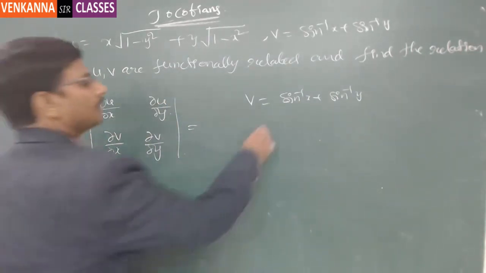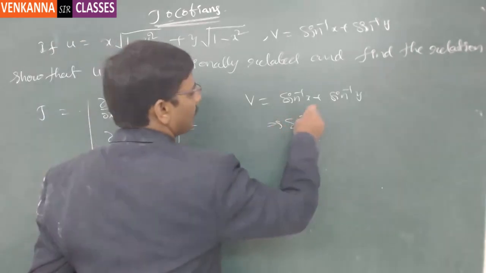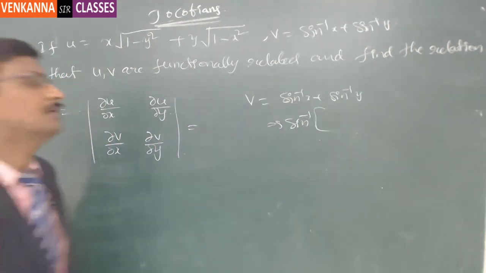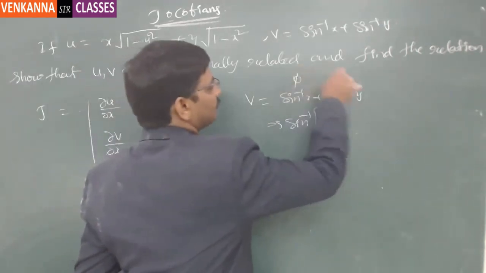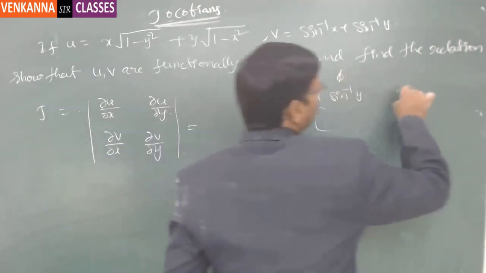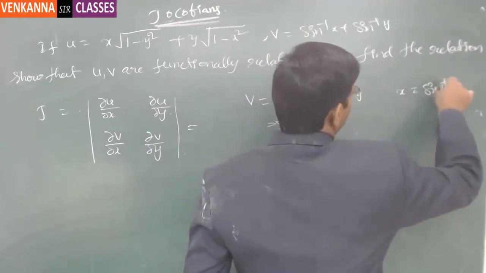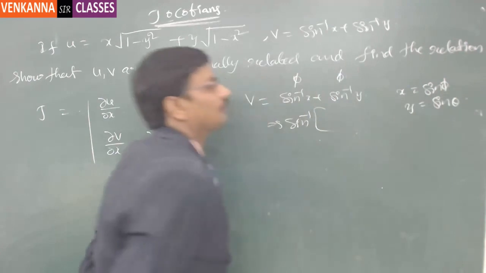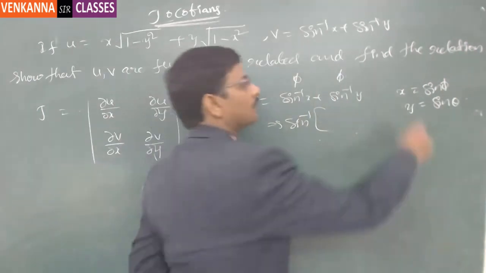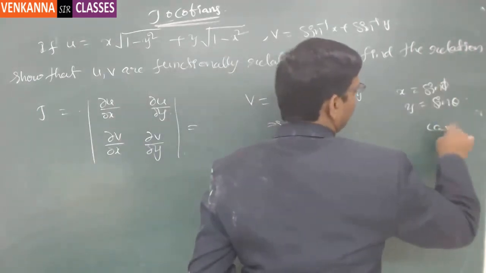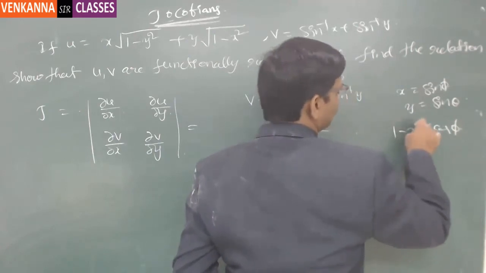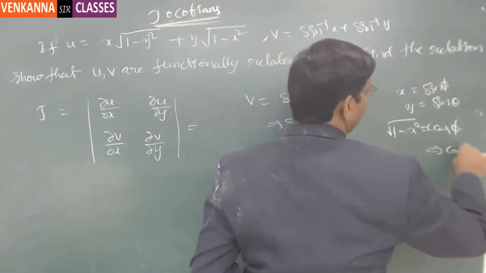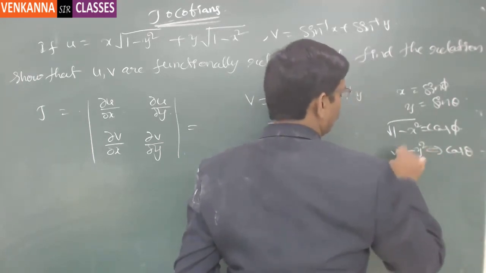So this is as if this is phi and this is theta, then x is equal to sin phi and y is equal to sin theta, right? Then obviously cos phi will be under root of 1 minus x square, and cos theta will be under root of 1 minus y square.